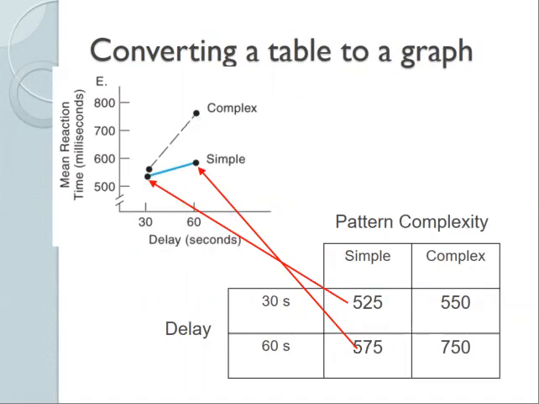I'd start by doing the one that's a line. So if you wanted to graph the simple pattern complexity, you draw a dot for your mean for the 30-second pattern and for the 60-second pattern and then connect them. And then you do the same for the complex line. Now, of course, your dependent variable will always be on the y-axis.